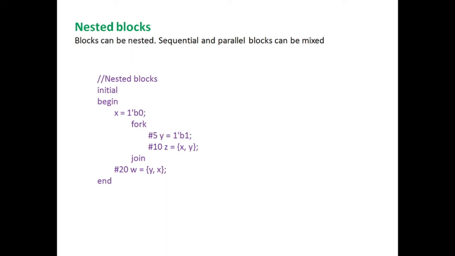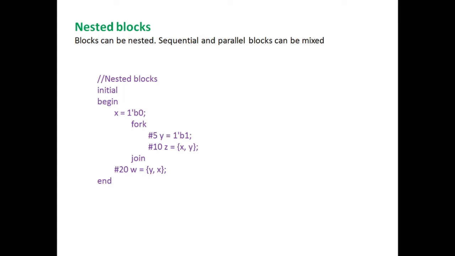That means y will be executed at 5 seconds and z will be executed at 10 seconds, because these are parallel block statements. Among the parallel block statements, the highest delay is generated by z for its execution, so this has to be taken into account.